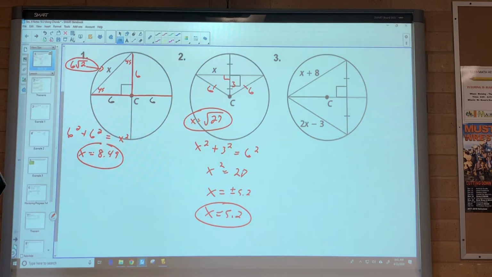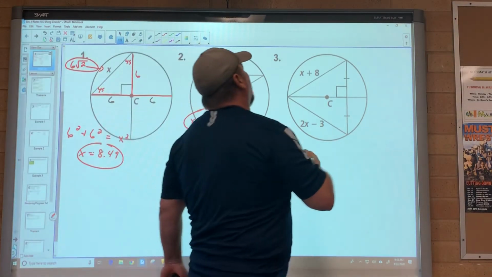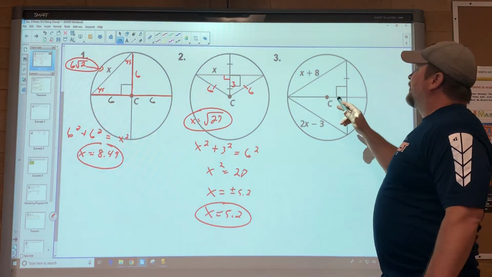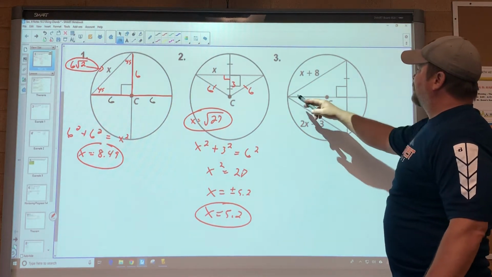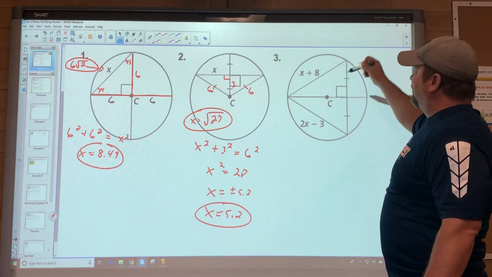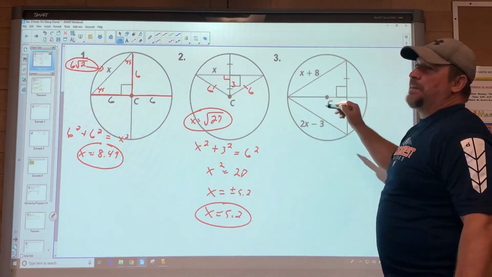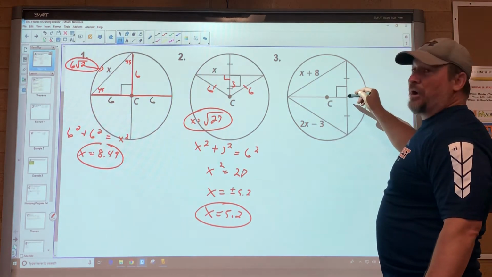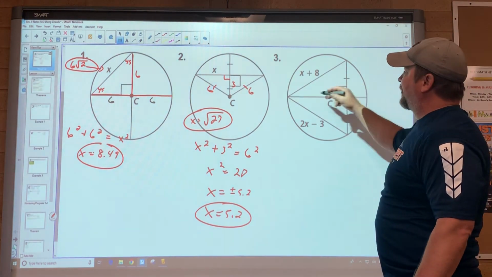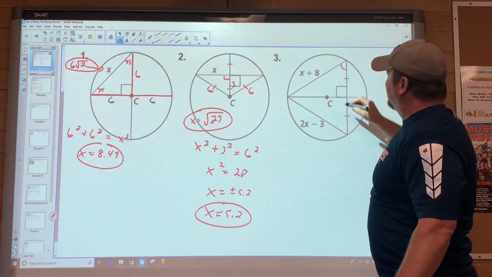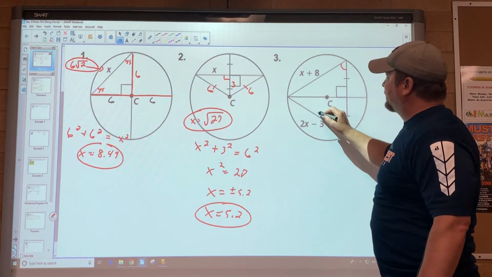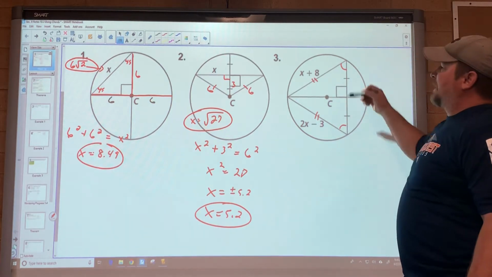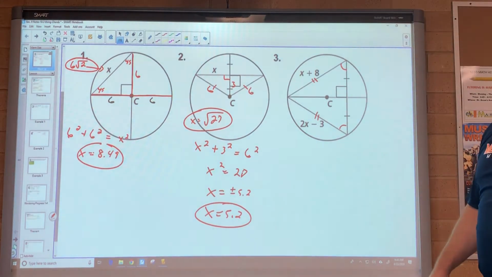Now on this one over here, you've got to remember what kind of triangle we have right here. There's total distance here and total distance here, meaning that this is a median, and a median hits the center coming down from the vertex. Well, that makes this and this congruent. That makes this and this congruent. This is an isosceles triangle.